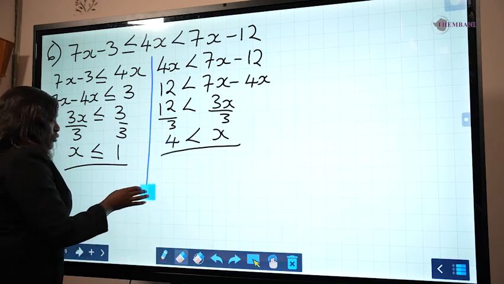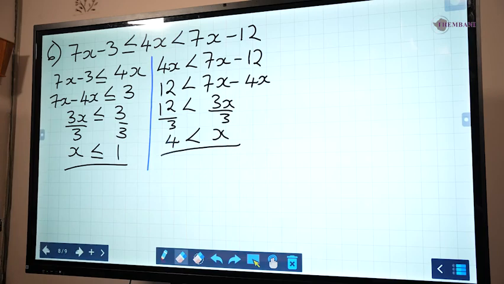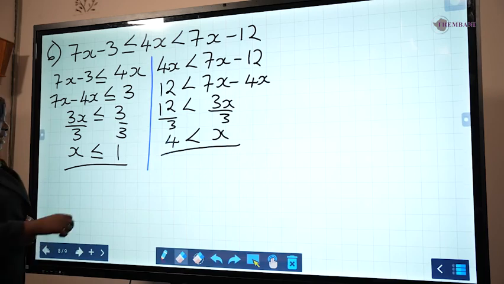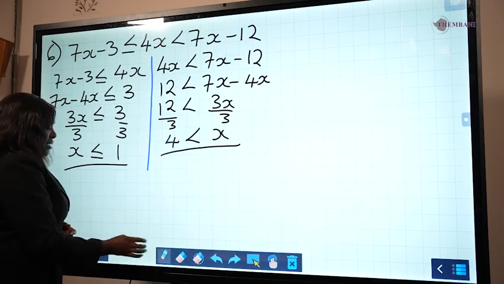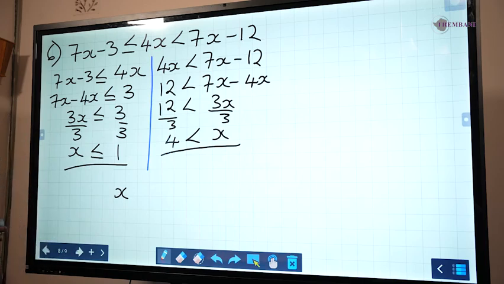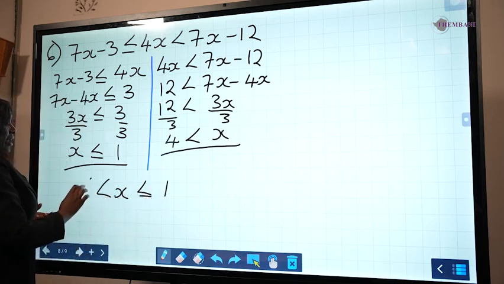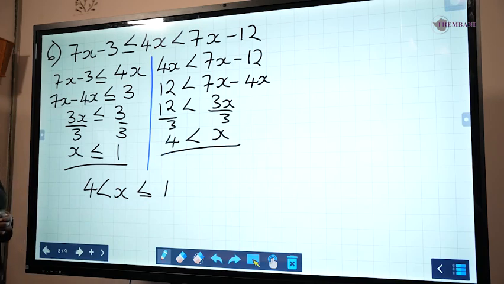Now I want to combine. Let's see if we're able to combine these inequalities. If I were to start by writing my x here and writing this inequality, the first one, notice we are not able to combine these inequalities, because if we were to combine them, it doesn't make sense.